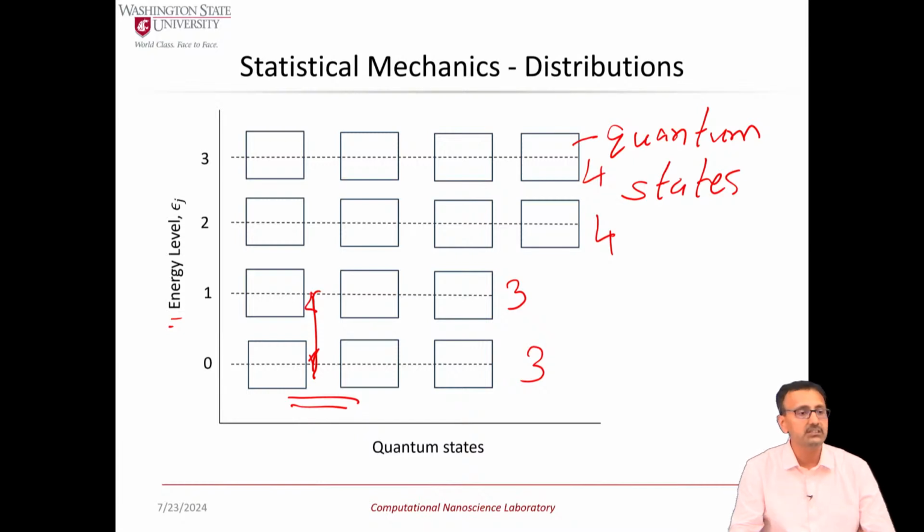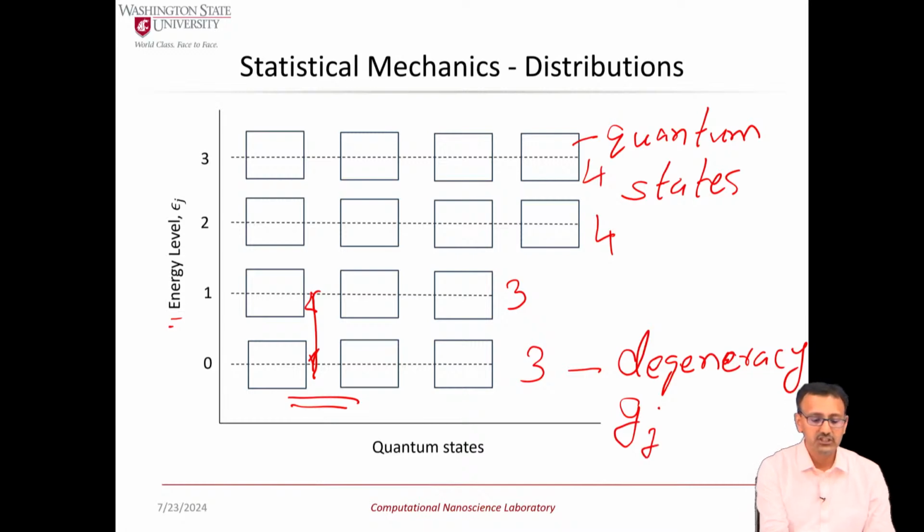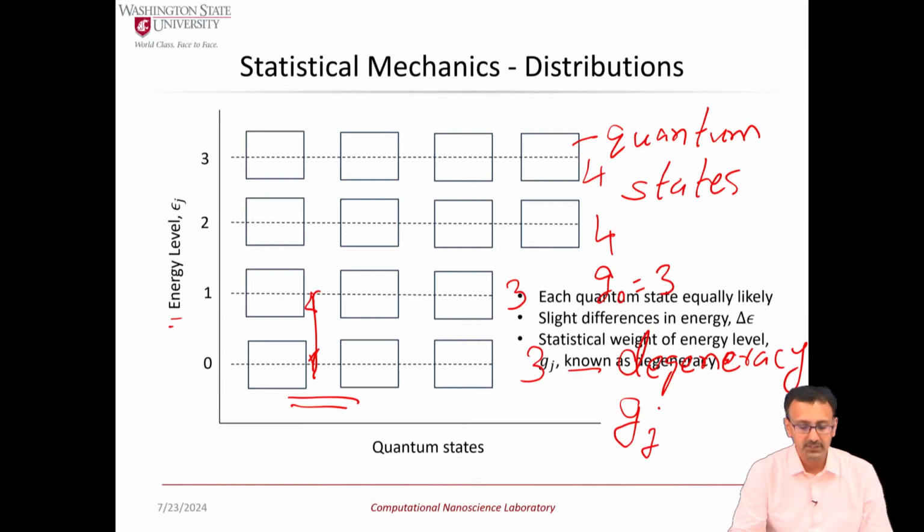So, we can just approximate them as approximately the same energy. We call this degeneracy, which is the number of quantum states at a certain energy level, and we designate that as Gj. So, in this example G0 is 3, G1 is 3, G2 is 4, and so on and so forth. That is what I meant in the previous slide.